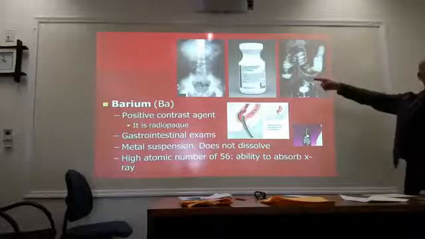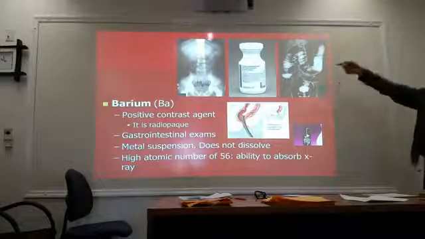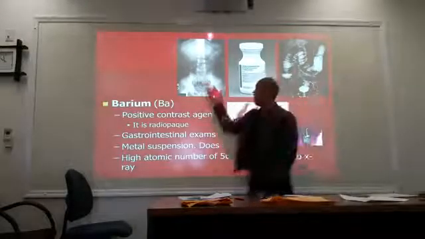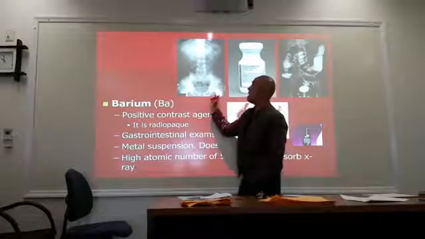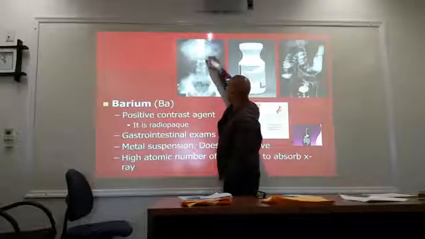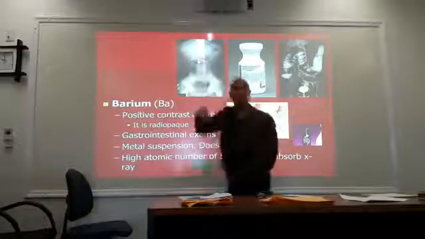Here is an X-ray of the abdomen. Again, bone is obvious, right? Because you can see the ribs. You can see the lumbar spine. Here is the pelvis. Here are the hip joints. But we can't see liver, stomach, bowels, small, large. We can't see the kidneys or the ureters.